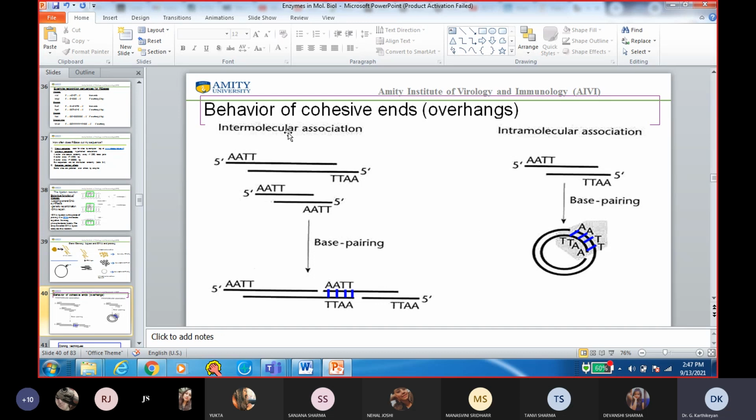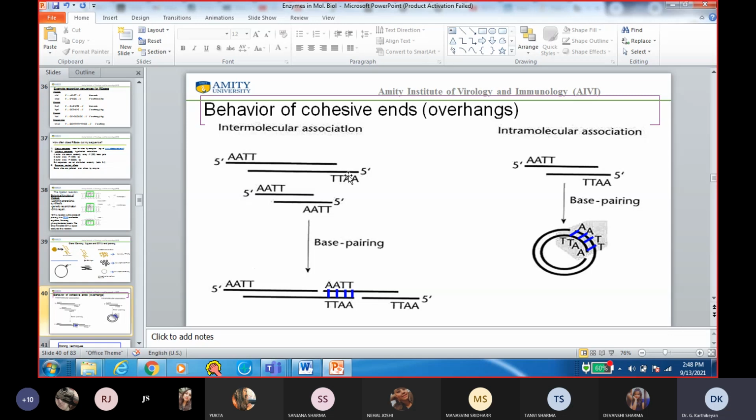When you incubate this at 37 degrees centigrade, the thermal vibration is so high that a few more regions melt. So it is not perfectly double-stranded here. These termini fall apart a little bit, and so it becomes very difficult for the ligase to join these ends.